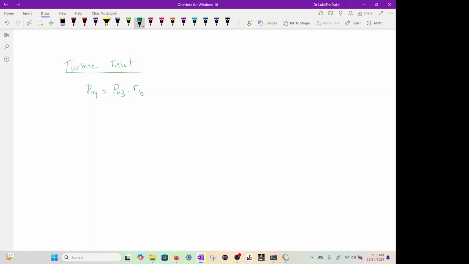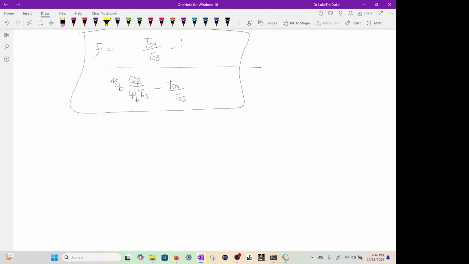Okay, so your burner stagnation pressure ratio, which is P naught 4 over P naught 3. Okay, so depending on what this ratio is, you can account for some non-ideal cases. All right, let's move on.